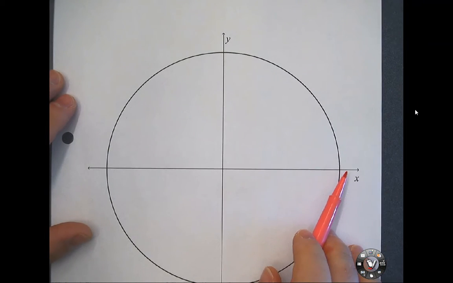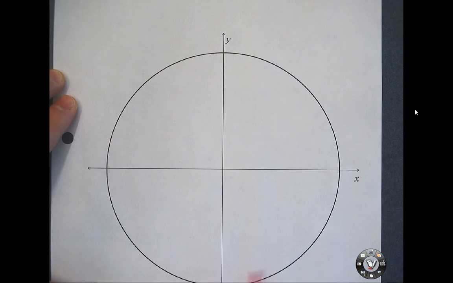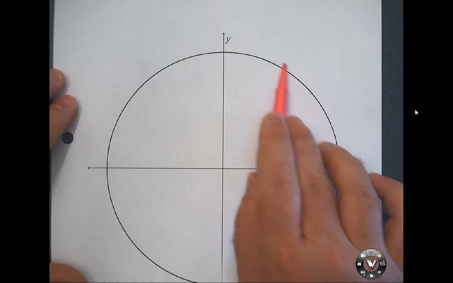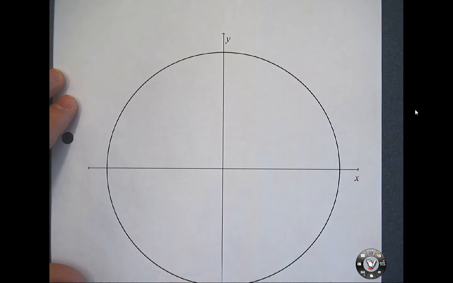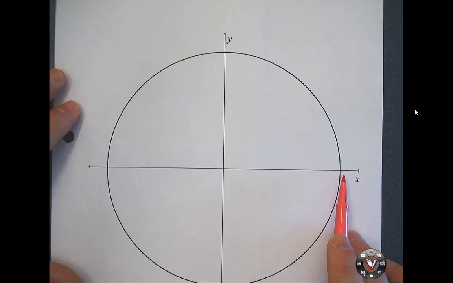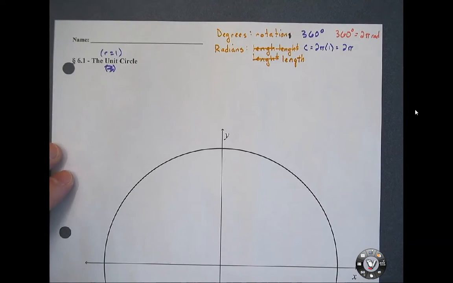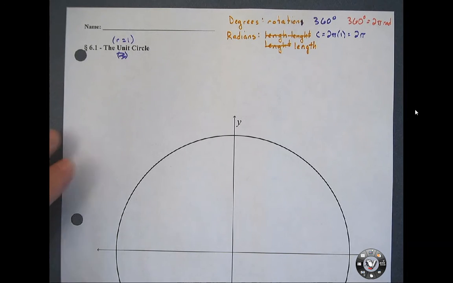In other words, rotating 360 degrees takes me all the way around the unit circle, or going a distance of 2 pi along the circle would also take me all the way around. So radians are a measure of length, and degrees are a measure of rotation. Depending on what perspective you use, you could look at the unit circle from either perspective.